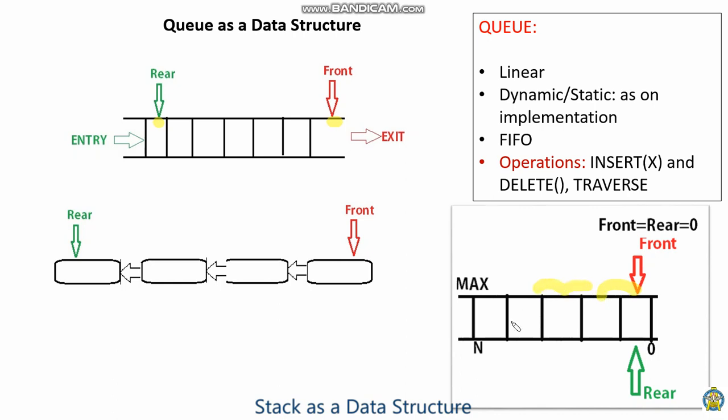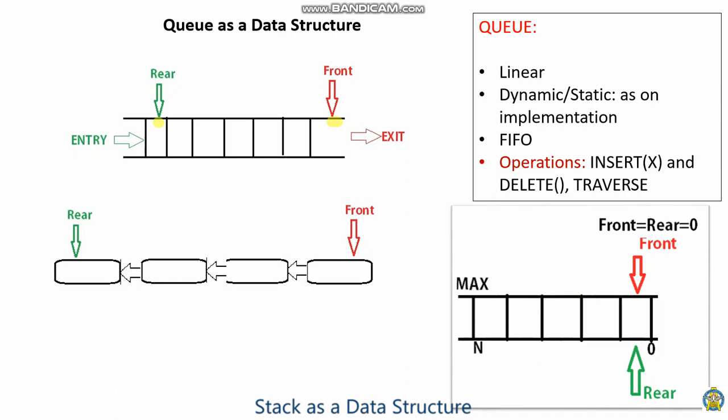And anytime front is equal to rear, that means the queue is empty. So if rear is here and front also reaches there and an item is deleted, that means the queue is empty. So this is how an implementation can be done using a static representation of a queue.